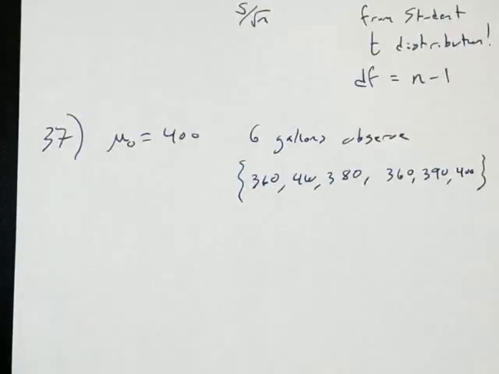So this guy paints his way through 6 gallons of paint. And he says, with one coat, I covered 390 square, 360, 410, 380, 390, 360, 400.